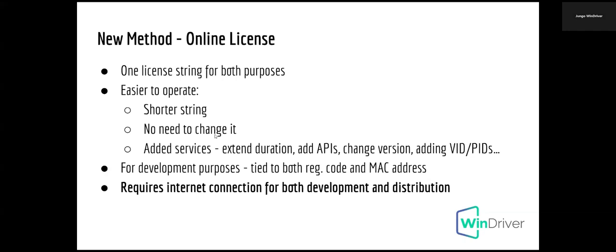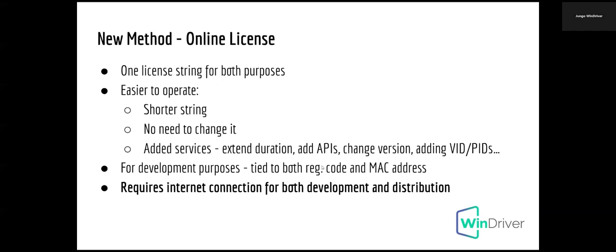There is no need to change the license, not only when changing from development purpose to distribution purpose, but also when you want to add services. If you want to extend the duration of your development license, you don't need to ask for a new string. It happens automatically in the server.